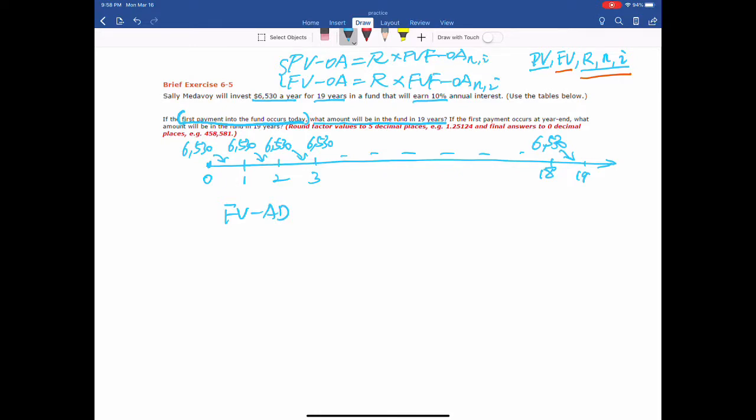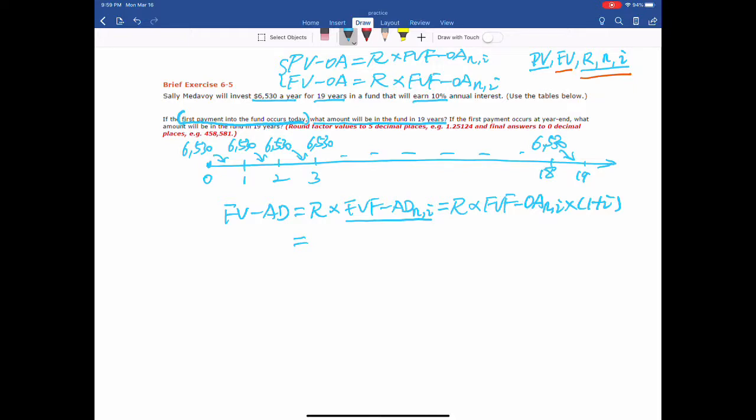So the future value of an annuity due equals rent multiplied by the future value factor of annuity due, determined by N and I. We know the relation between the future value factor of annuity due and the future value factor of ordinary annuity, so we can change the formula to this form: future value factor of ordinary annuity, N and I, multiplied by 1 plus I.